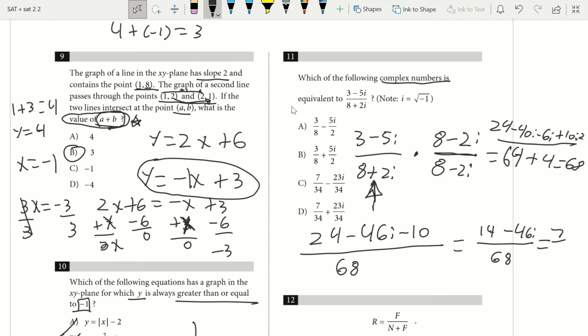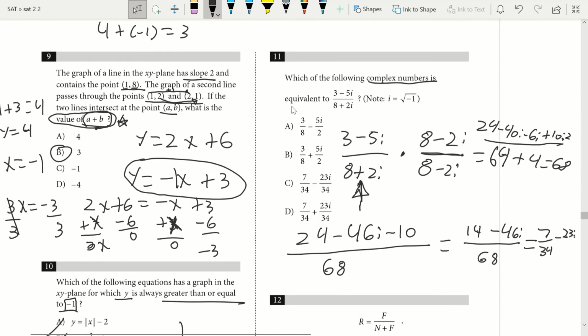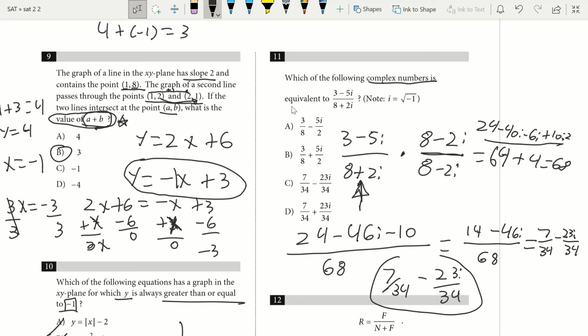So we're going to have 7 over 34 because 68 over 2 is 34. And then we are going to have minus 46 over 2 becomes 23. So we have minus 23i over 34 again. So our final answer is going to be 7 over 34 minus 23i over 34. Right? And so now we find which one matches it, and that is C.